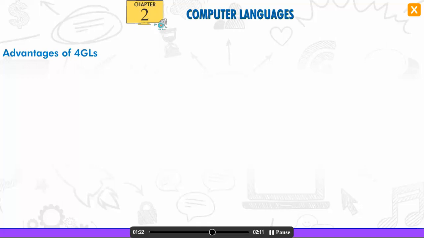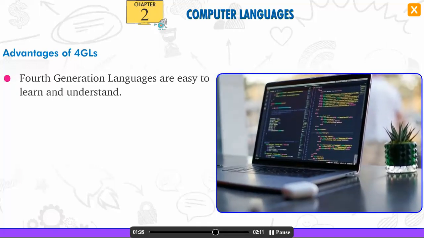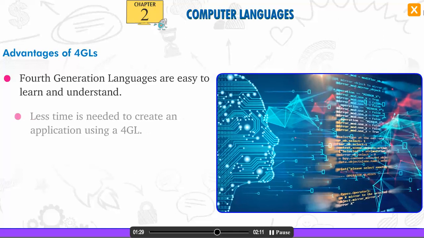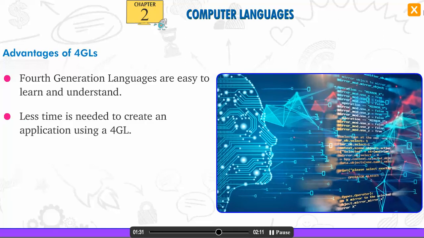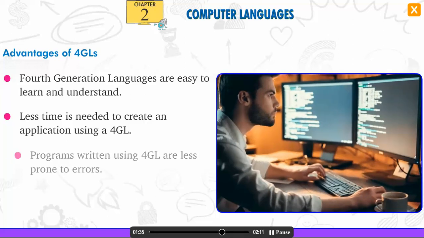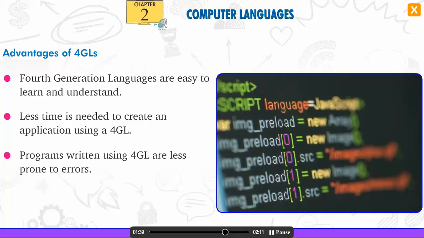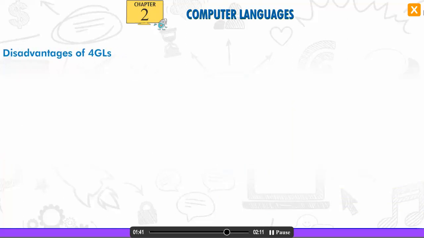Advantages of 4GLs: Fourth generation languages are easy to learn and understand. Less time is needed to create an application using a 4GL. Programs written using 4GL are less prone to errors.